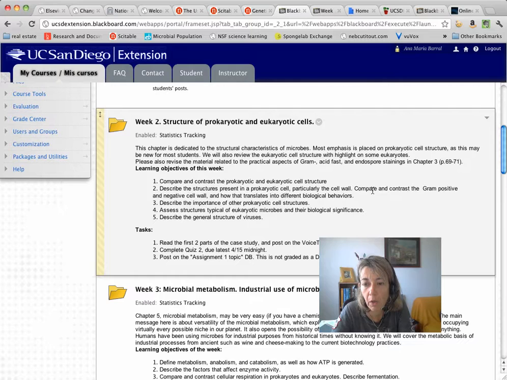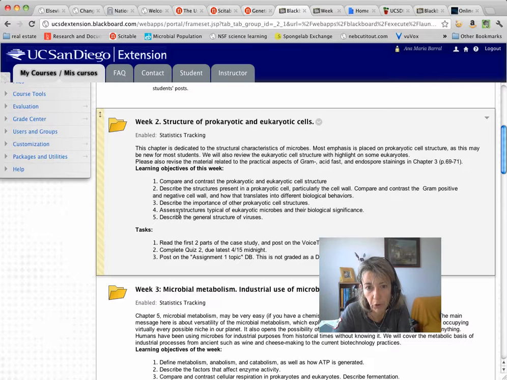However, we do use some higher-level learning objectives such as comparing and contrasting, and ideally we will try to relate and assess what structures are involved in biological functions of the microbes. This is something that will be developed deeper as we advance in the course.